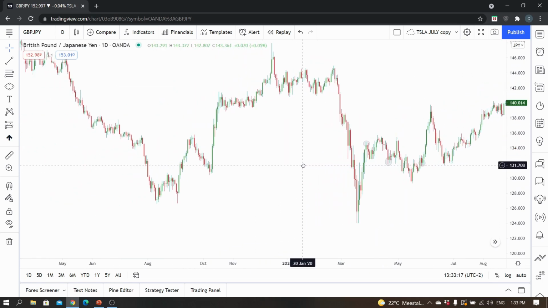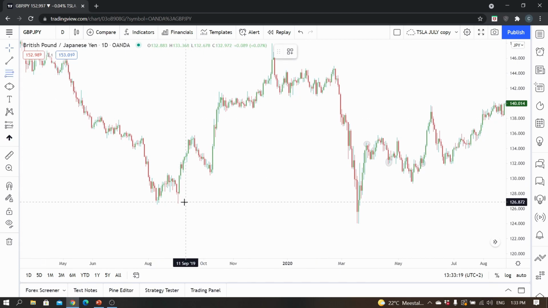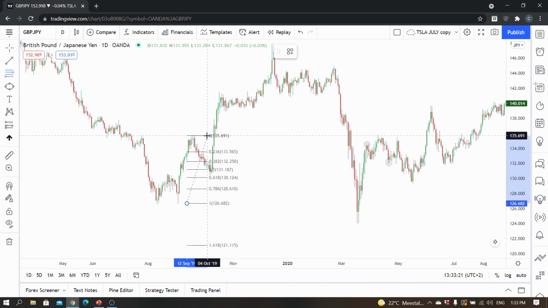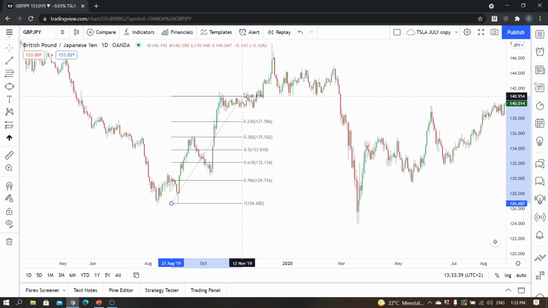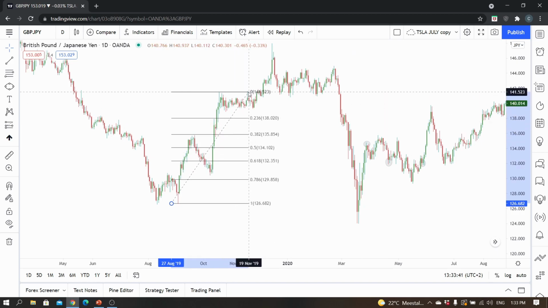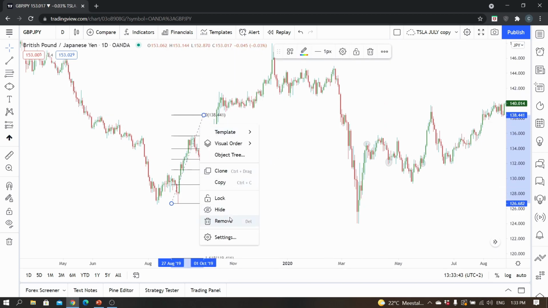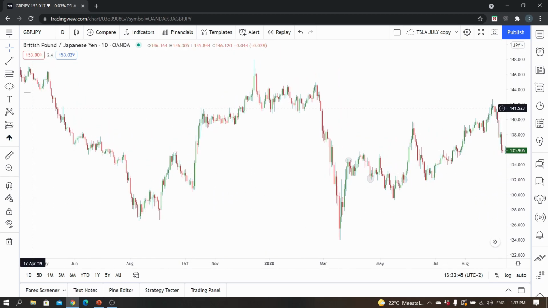Now to give you another example of when you cannot extend the Fibonacci. Here you can go from this absolute low to this absolute high, and then you can see that it does provide some sort of support at 382, but then it breaks, and it even breaks to 0.5, and then you cannot extend it like this in the way I do it, because there are multiple ways of drawing the Fibonacci retracement.